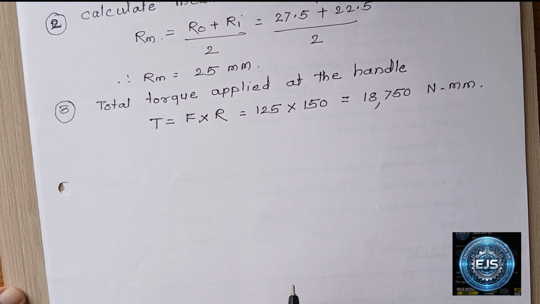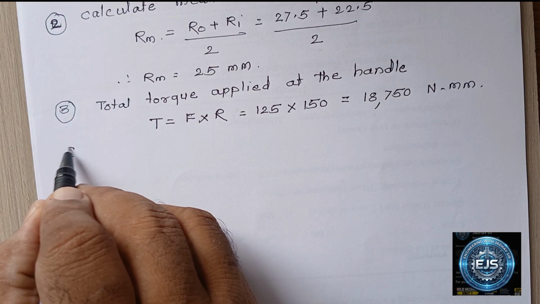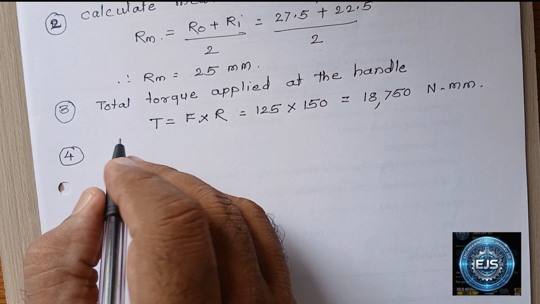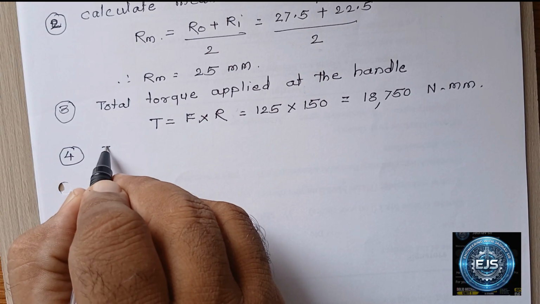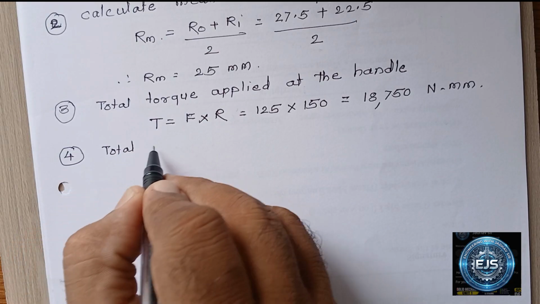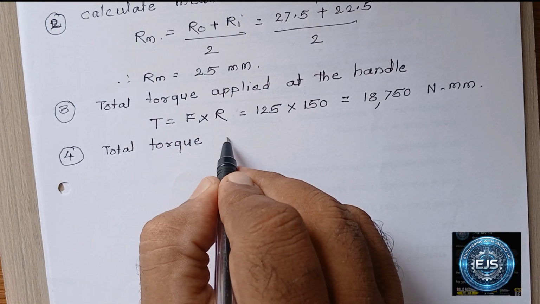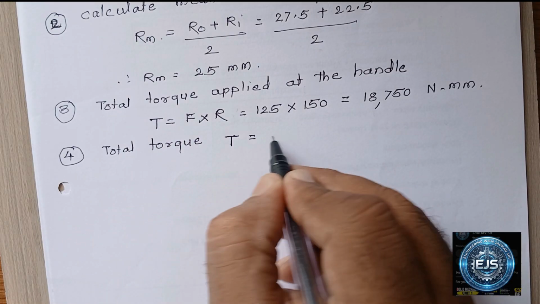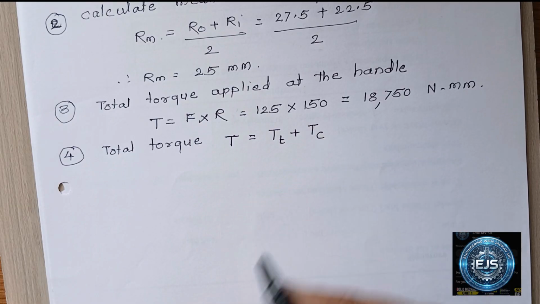Now the next step is to calculate the total torque required to overcome the thread friction as well as the collar friction. So total torque T is equal to TT plus TC.